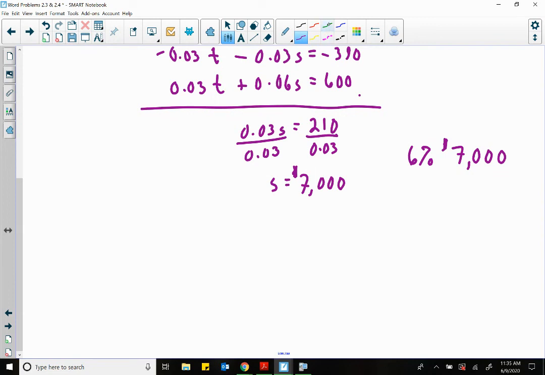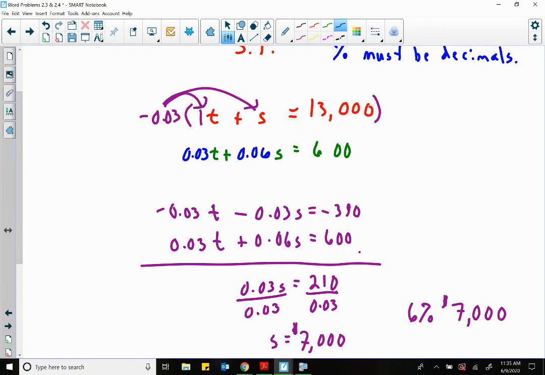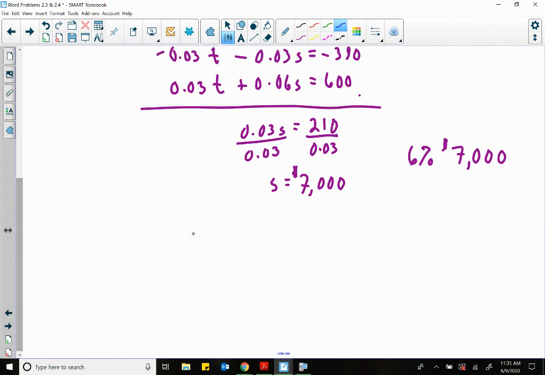All right. Then all I'm going to do now is take what I know here and plug it back into one of my originals. I'm going to plug it into the top one because that's the easiest to work with. So T plus 7,000 equals 13,000. Subtract 7,000.